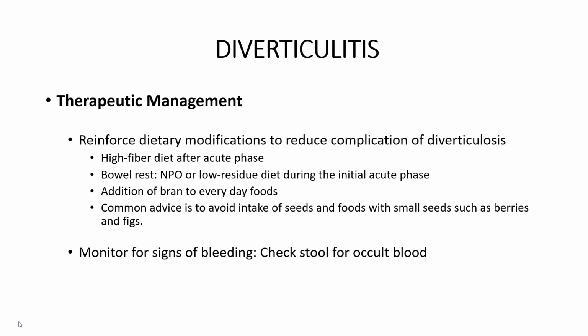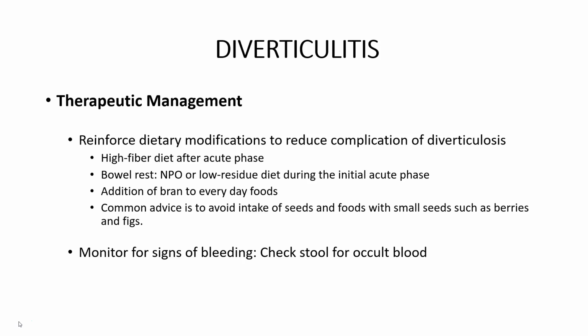As the slide talks, it says high fiber diet, especially, now this is after the NPO status, okay? And now they're able to progress. So you start off NPO. Then the doctor says, okay, you're getting better, nothing's perforated, let's start you back on some food.